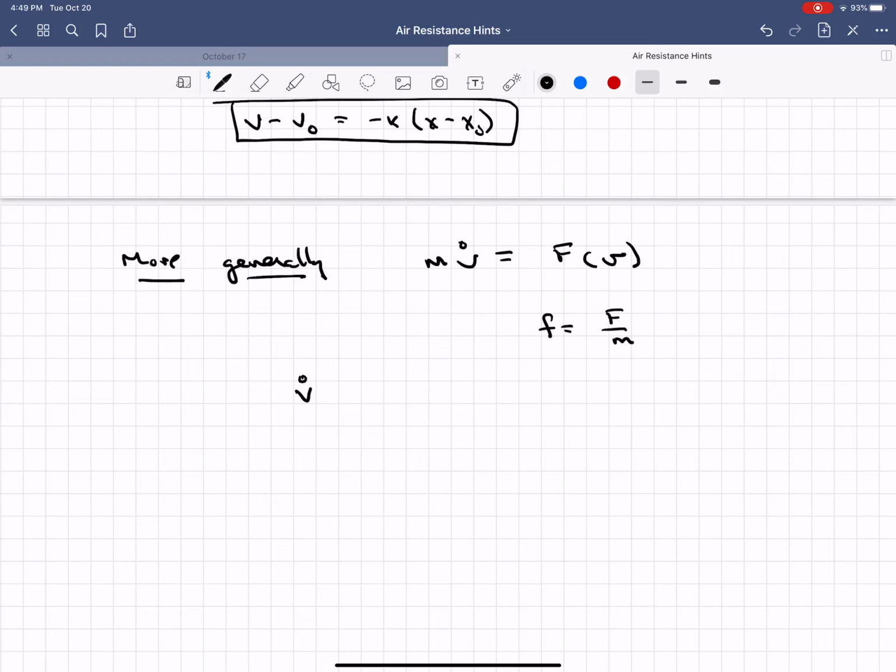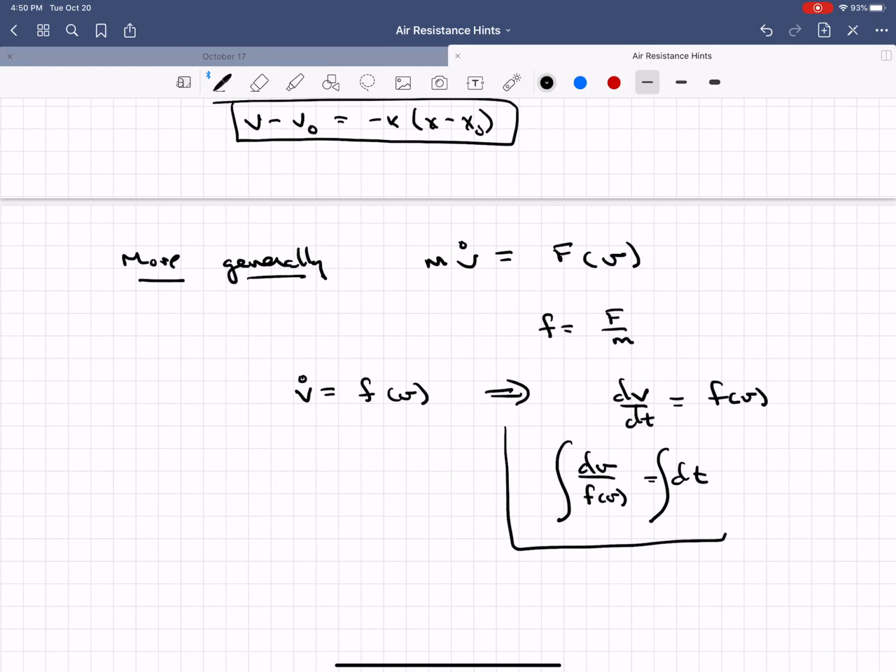So my differential equation right now is some little f, which is a function of v, is equal to v dot. So in general, what I would have to do is I would write this as dv dt is whatever this function of v is. So dv divided by f of v is equal to dt, and then I can integrate both sides.